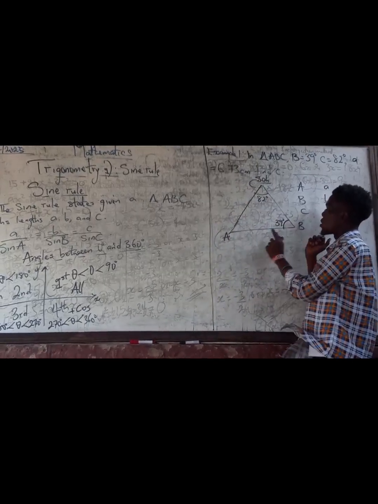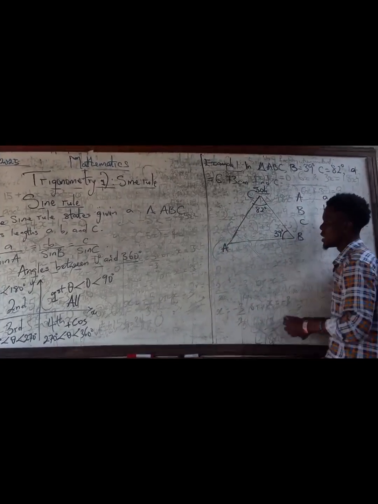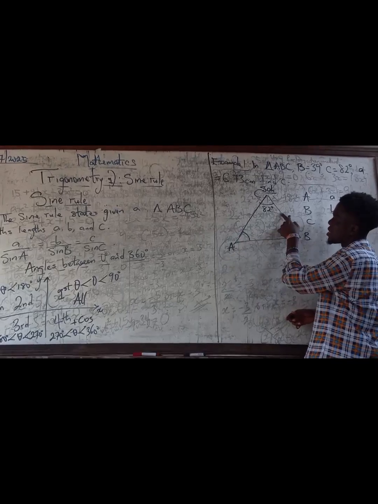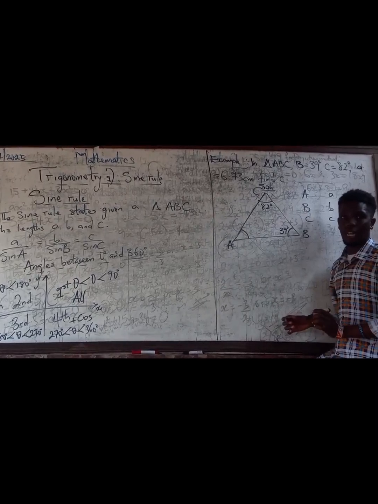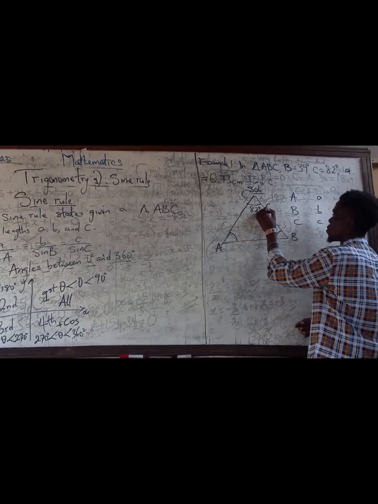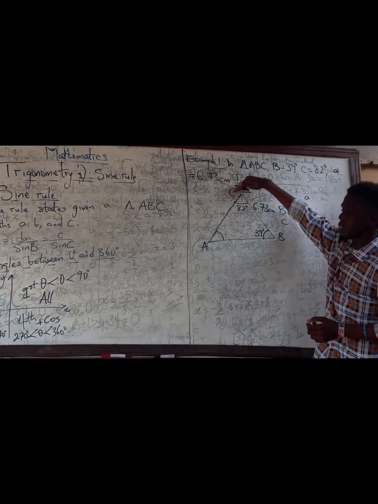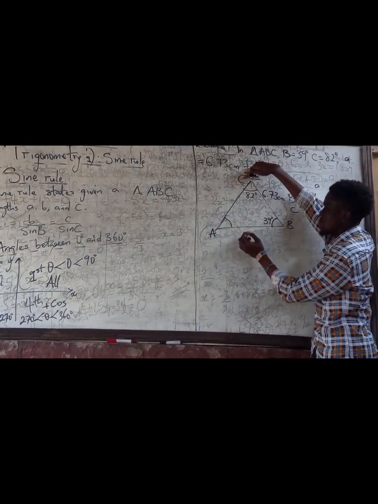So please always make sure that wherever the angle faces, that is where the length is. Since angle A is facing this direction, obviously this will be my length a. I believe that is clear now. So let's put that 6.73 centimeters. Alright, so if this is angle C, the length opposite angle C is my length c.